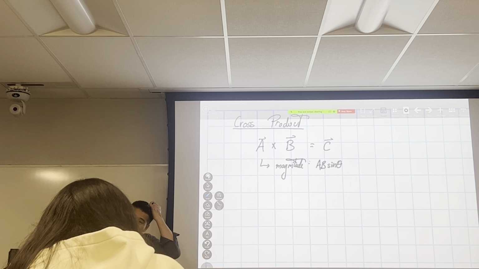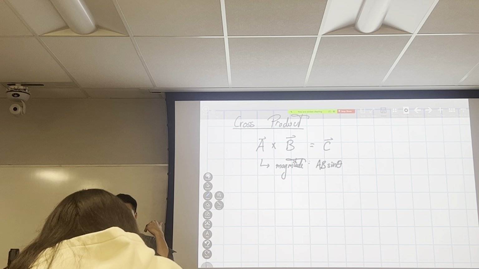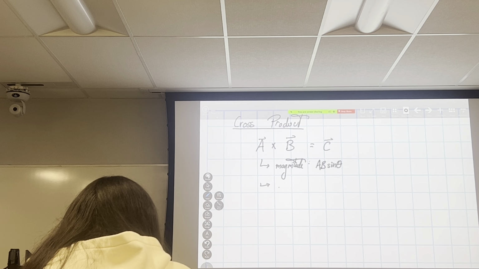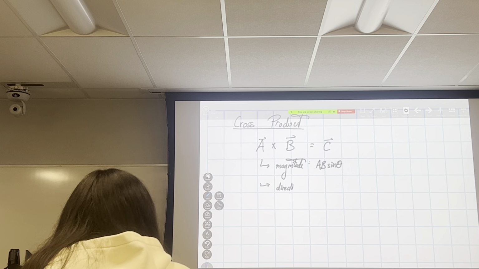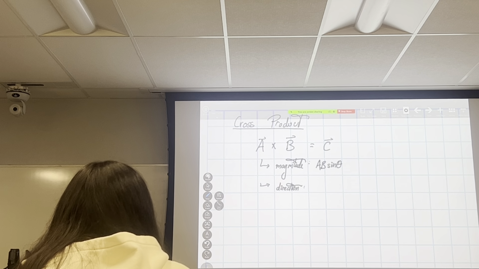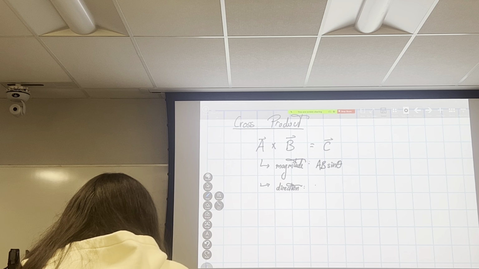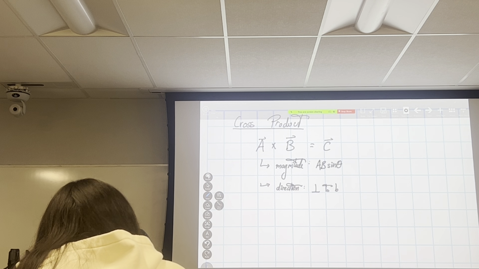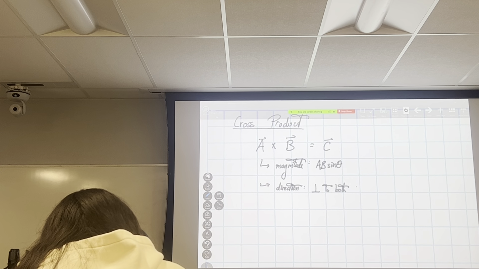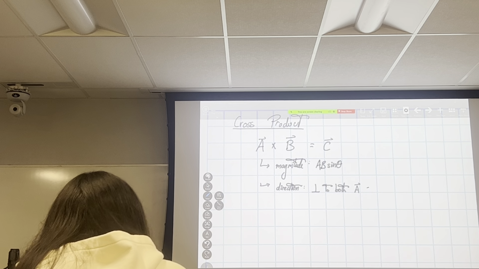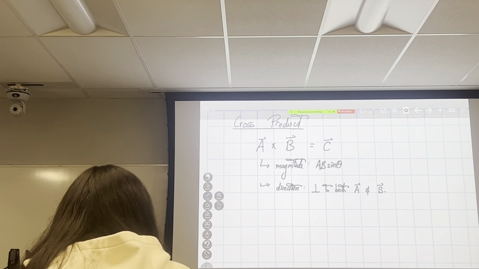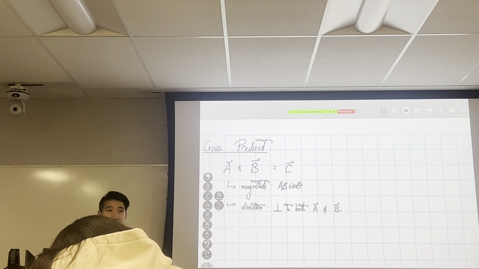But for vectors, you not only have the magnitude, you also have the direction. So we need to go over that as well. The direction is perpendicular to both A and B. And you might be thinking, wow, that's kind of confusing.